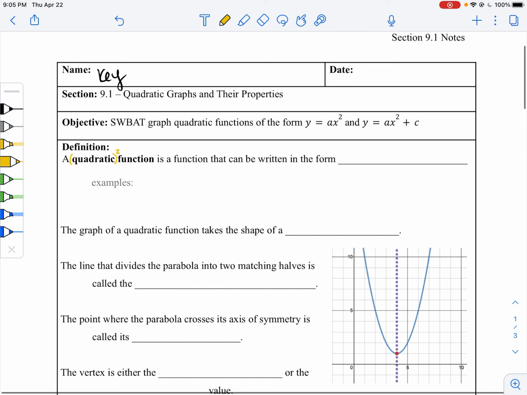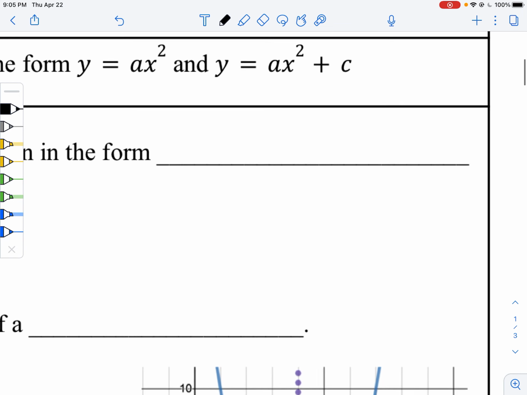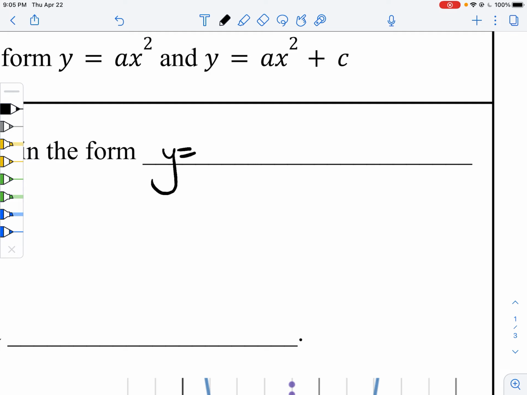It's a function that can be written in the form y equals some number times x squared plus some number times x plus some number, c. So what makes it a quadratic is you have x squared.